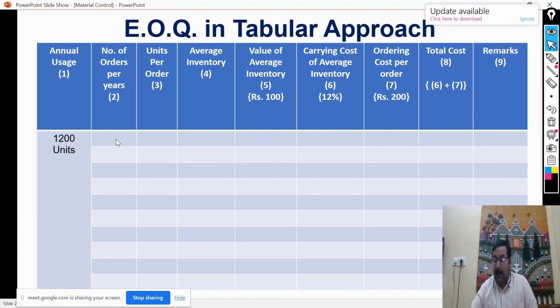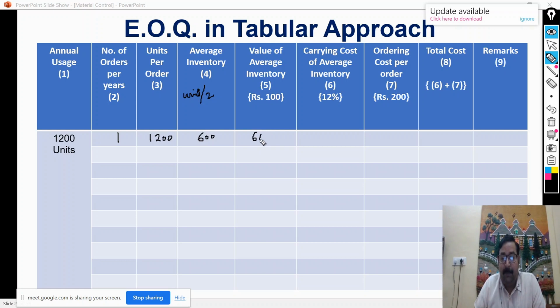Here, the tabular approach. If the number of orders is 1, in this case units per order is 1200, average inventory is 600. Average inventory means units divided by 2, and value of average inventory at rupees 100 per unit is 60,000.